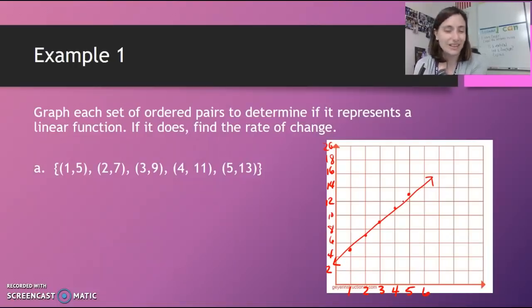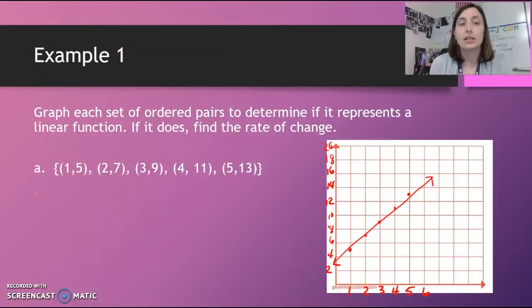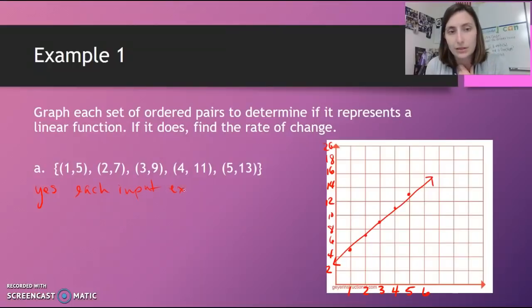I can draw a line through, so the first question we have to ask is, is this a function? And the answer to that is yes. For each input, we have exactly one output.